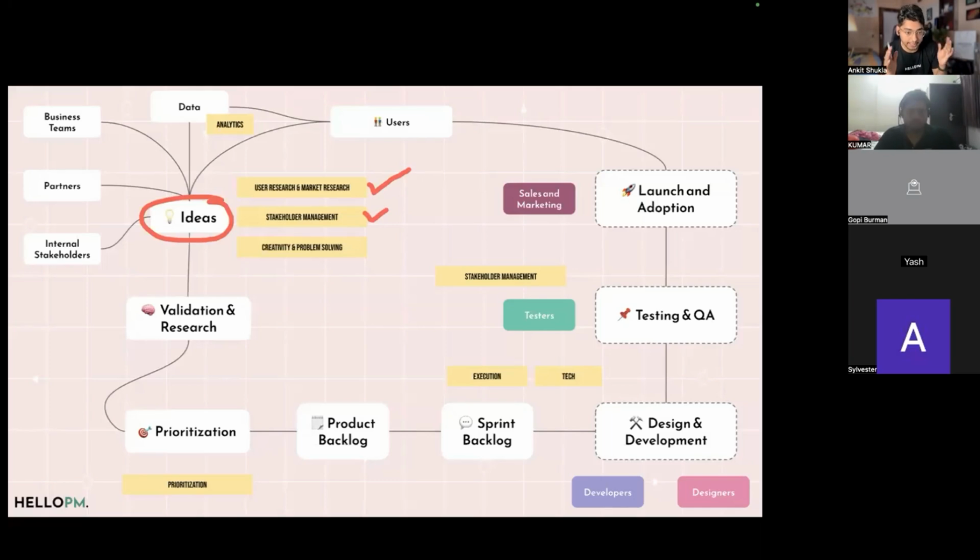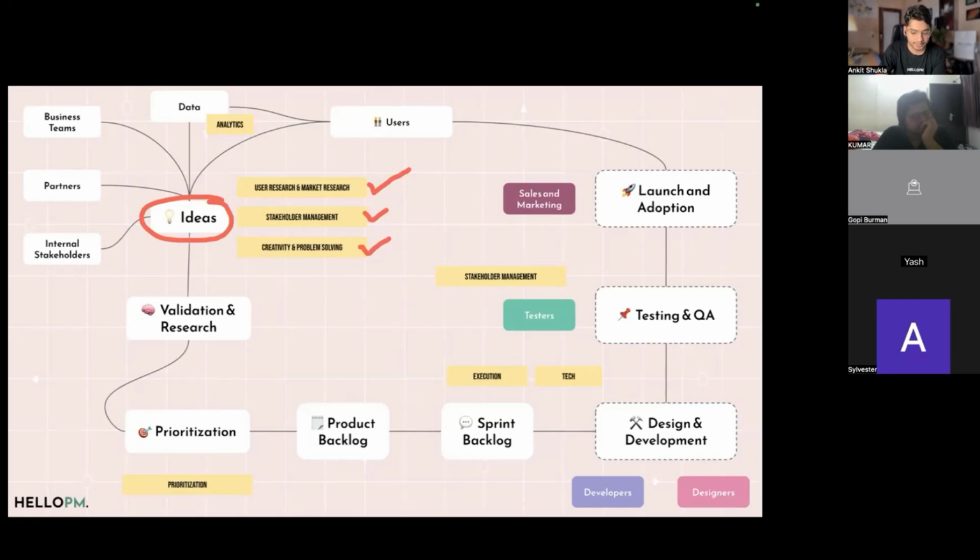How do you make sure that you are letting the best ideas win? Okay. And the third part is you need a lot of creativity and problem solving. Because if you are not creative, if you cannot think out of the box, if you are not able to solve problems within the limited resources, you will not be able to discover the right kind of ideas and operate as a good product manager.